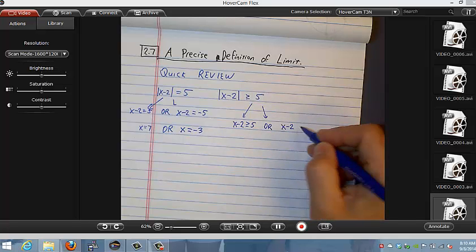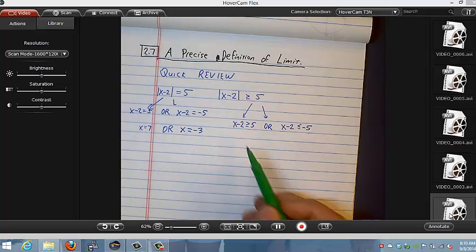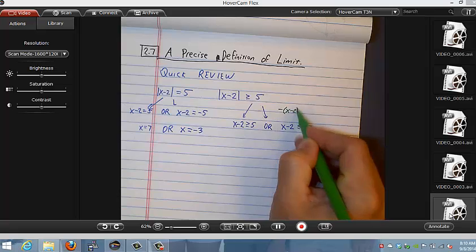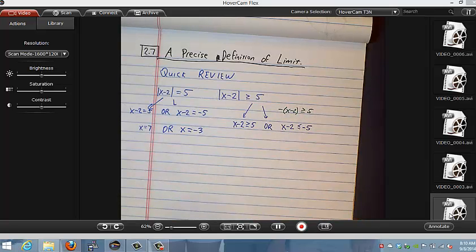Now why is it less than or equal to negative 5? That's right. Some of you by now just know it from habit. When I teach this, I have them do a step before where they write negative this is greater than or equal to 5, and then you multiply by the negative, and then the inequality switches. But this is what you get, right?